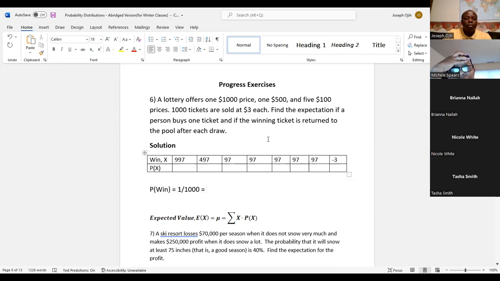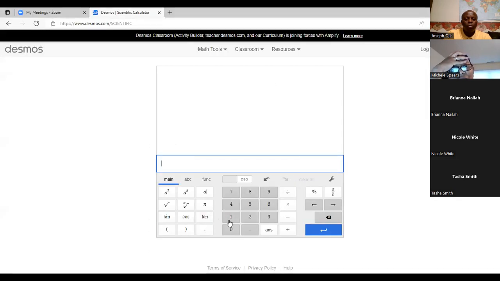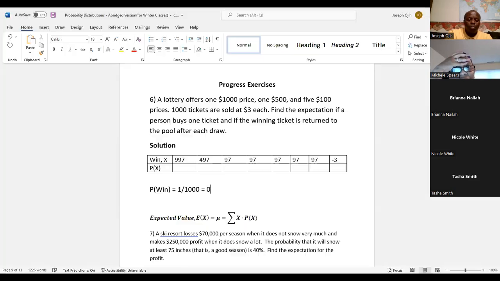Looking at our calculator, 1 out of 1,000 tickets is 0.001.